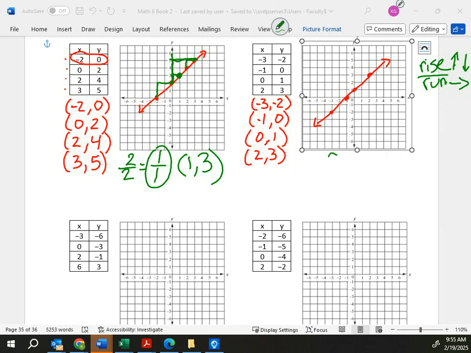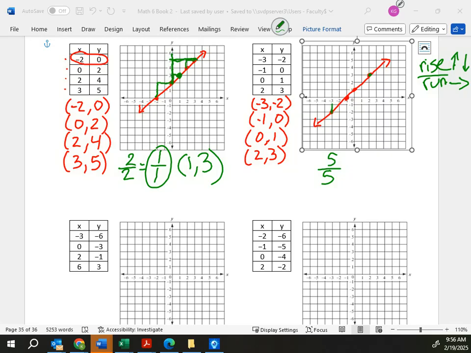How did you get 5 over 5, Lila? I counted. Which point did you start with? -3, -2. Okay, and where did you go to? 2, 3. Yeah.